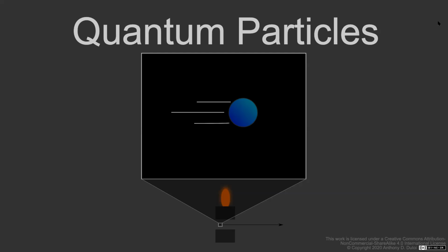Atoms wouldn't be stable. It doesn't explain diffraction patterns of particles, blah, blah, blah. The list goes on, but we're not going to go down that road. After a whole bunch of theory later, we realize if you do this, it looks something more like this.